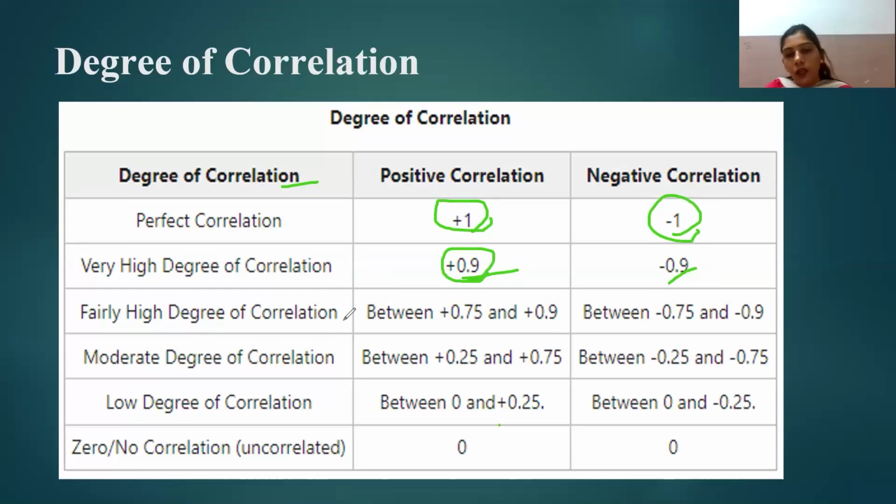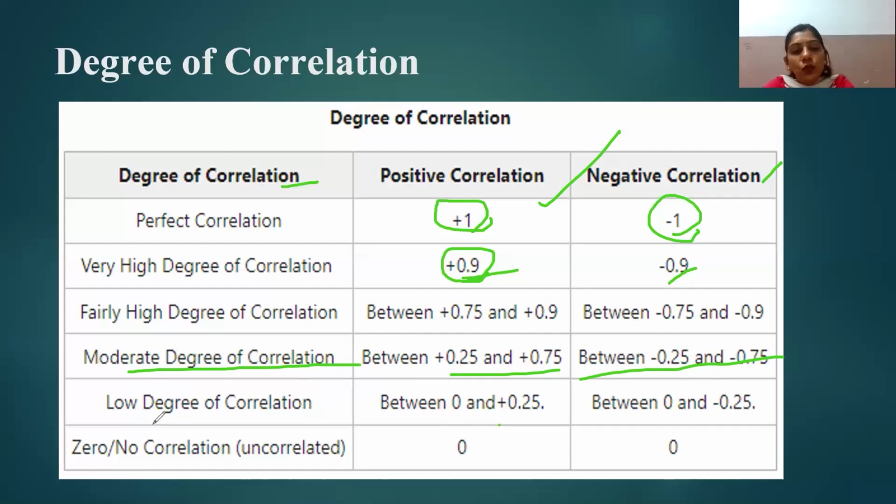If we have to check the moderate degree of correlation among the variables, then it will lie between +0.25 to +0.75 in case of positive correlation, and in case of negative correlation the value lies between -0.25 to -0.75.